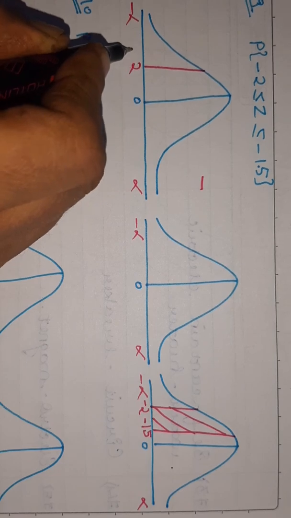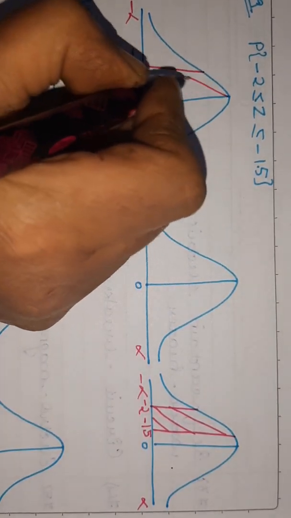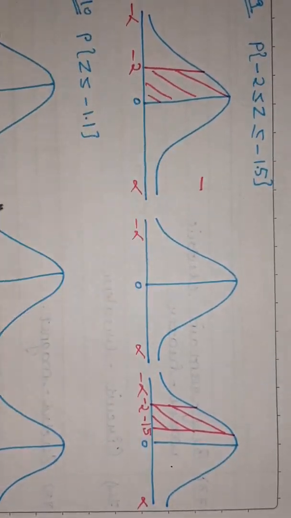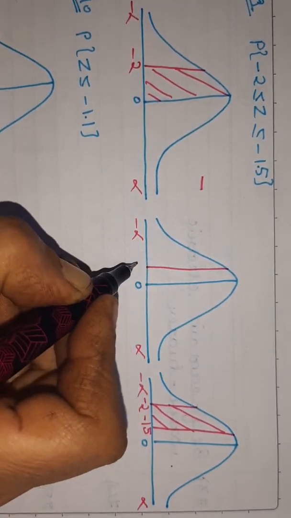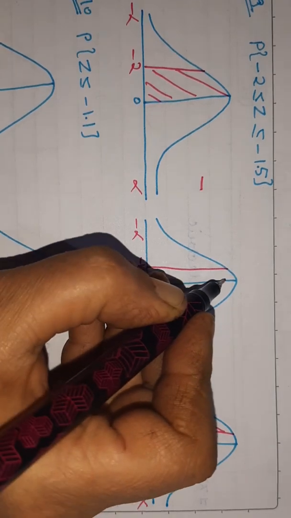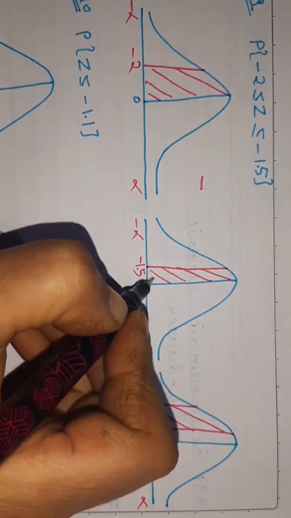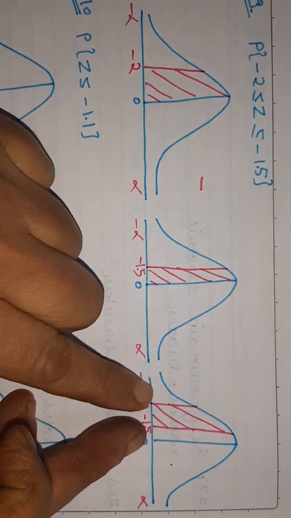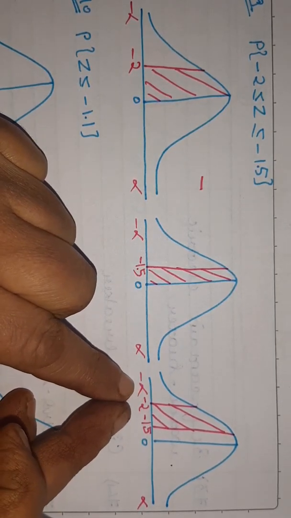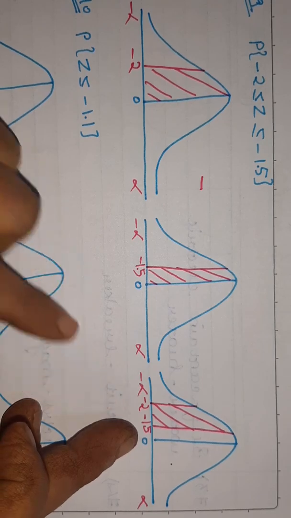Here it is minus 2 and the area will be this full. From this minus 1.5 to 0, from this full area, if we subtract this much, we get the area between minus 2 and minus 1.5.